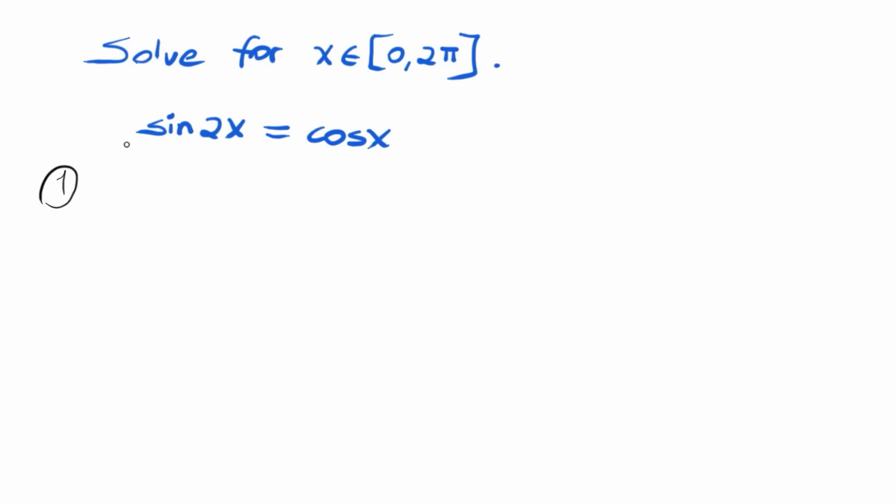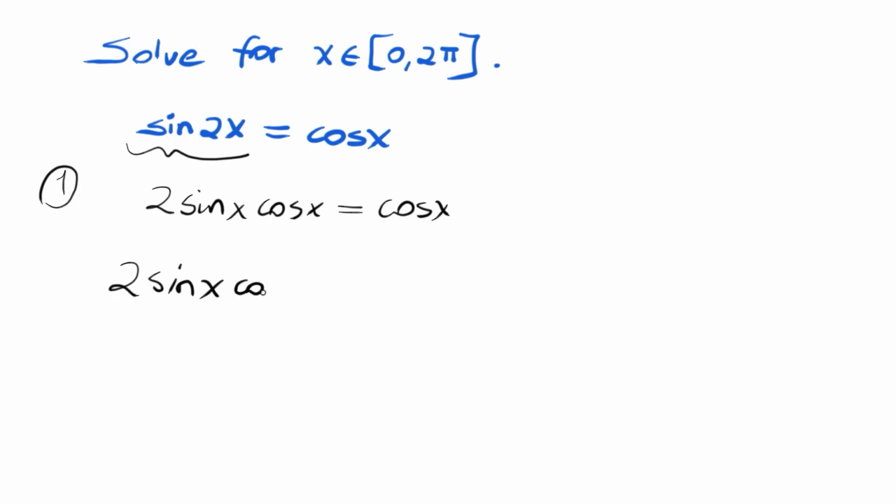which is we will use the formula for sine 2x, that is 2 times sine x times cosine x. This is equal to cosine x. Let's have this cosine x on the left hand side and write 2 times sine x times cosine x minus cosine x is equal to 0. And group this.